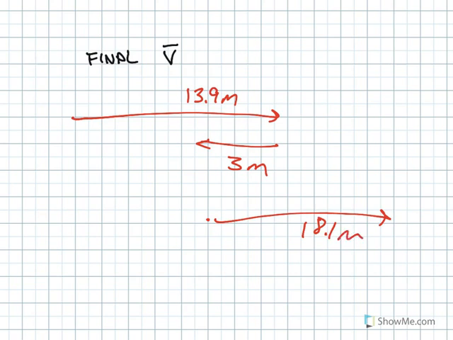And so your total displacement, your total delta x, is 13.9 meters minus 3 meters plus 18.1 meters. So then your total displacement is 29 meters.